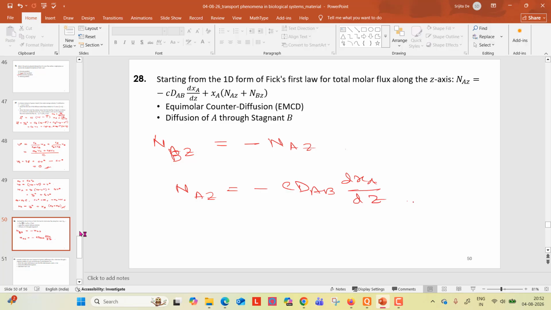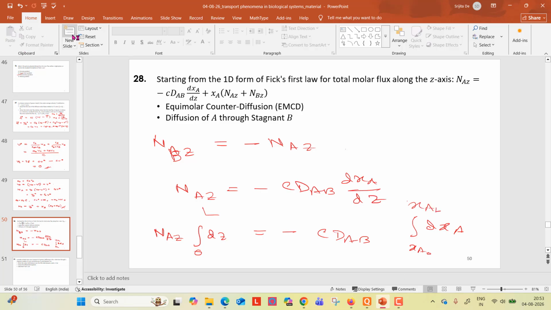Now if we integrate it, NAZ integration of dz from 0 to L equals minus CDAB integration of dxa from xa0 to xaL.